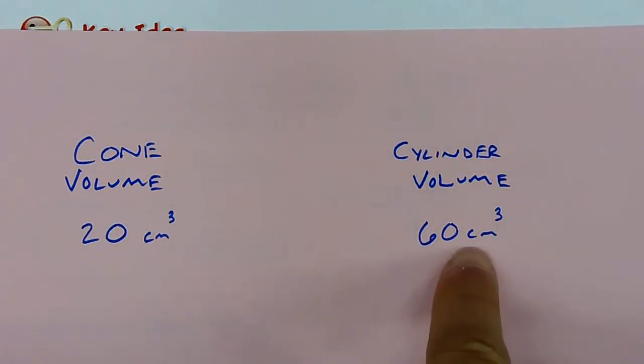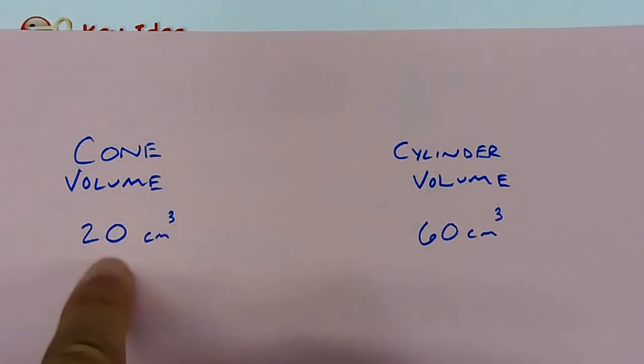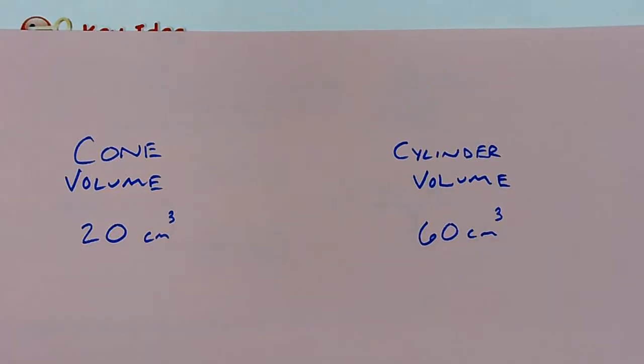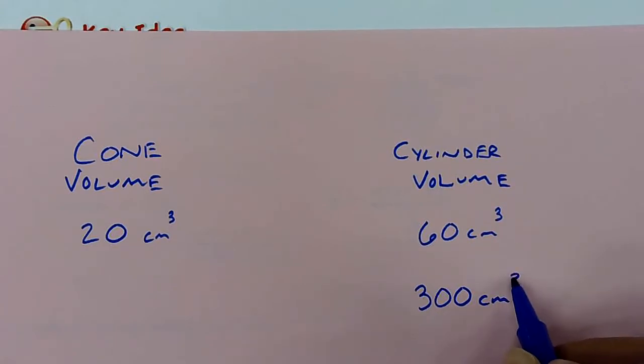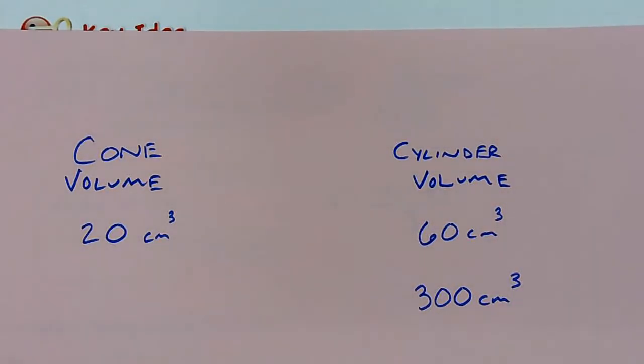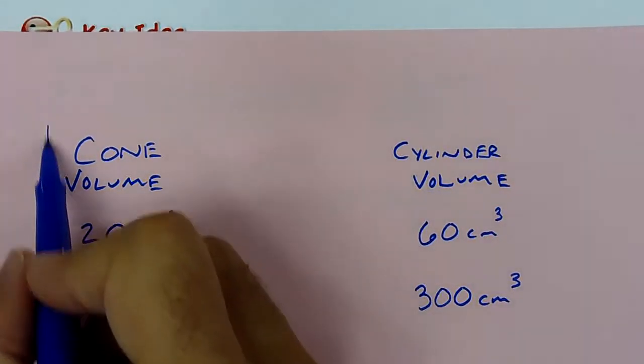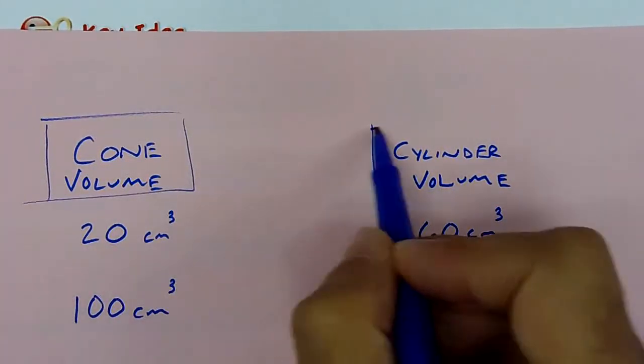Because the cylinder is 3 times bigger, the cone is 3 times smaller. If the cylinder was 300 cubic centimeters, the cone must be a third of that, or divide this by 3. That cone would be 100 centimeters cubed. So that's the conceptual bouncing back between those two.